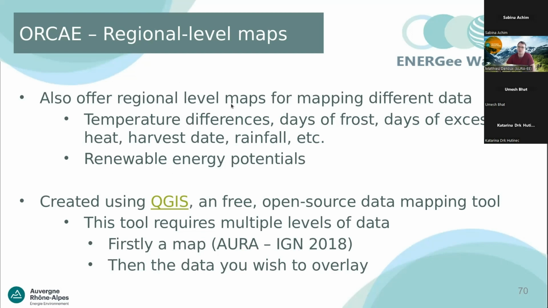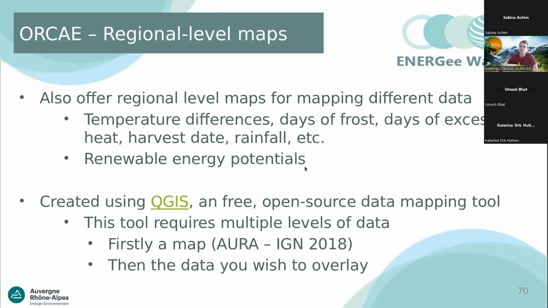And so creating maps is really useful in our region for temperature evolution and differences between the different areas of the region, and also to present the renewable energy potentials, which is a key point in our region for local authorities, because they need to create plans to use this potential.